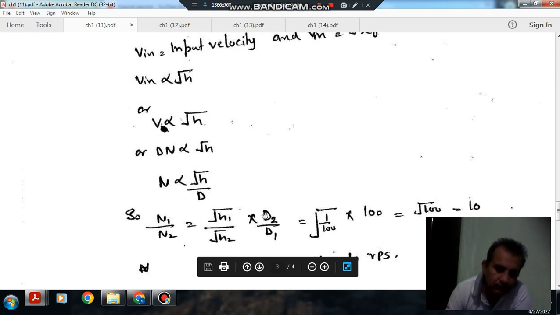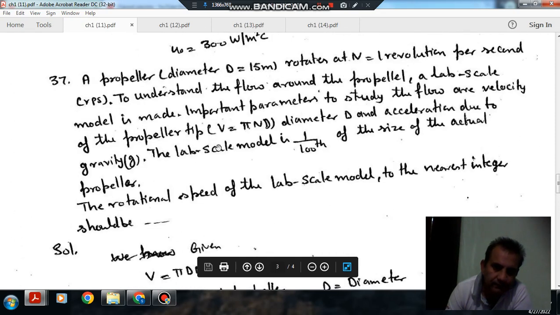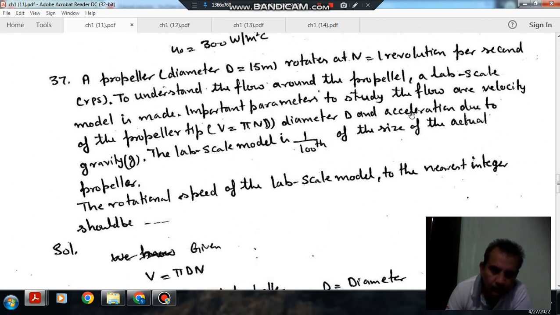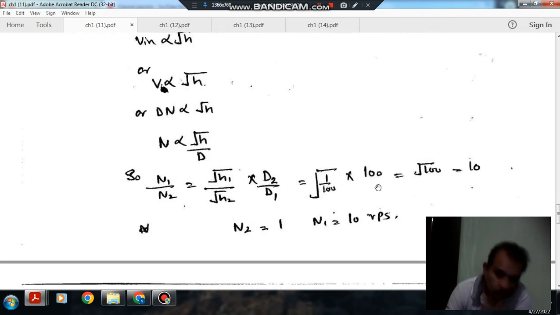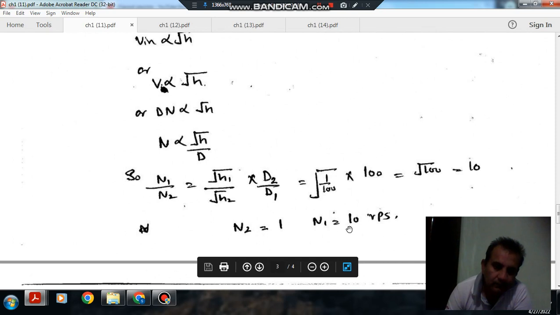As scale is given as 100, D2 by D1 is 100, and head will also be 100 because scale model is 100. So, as N2 is 1 rps, N1 will be 10.